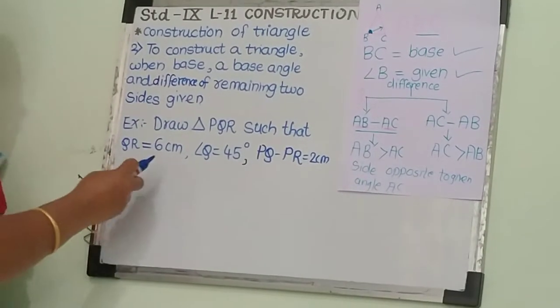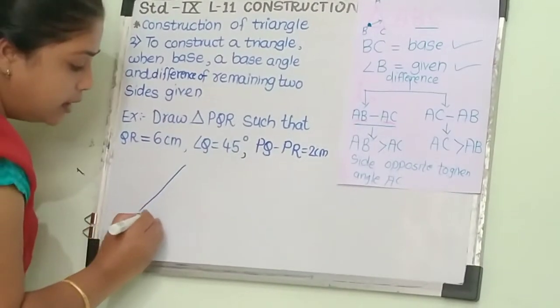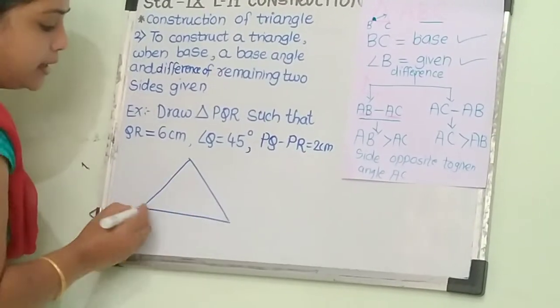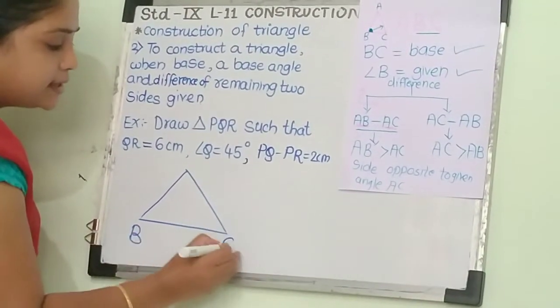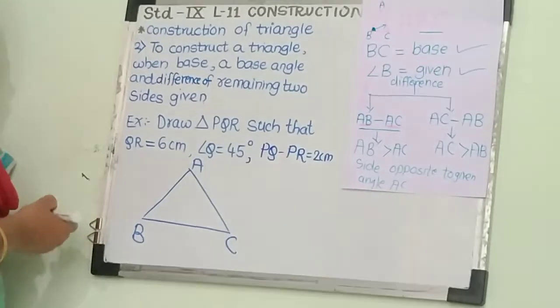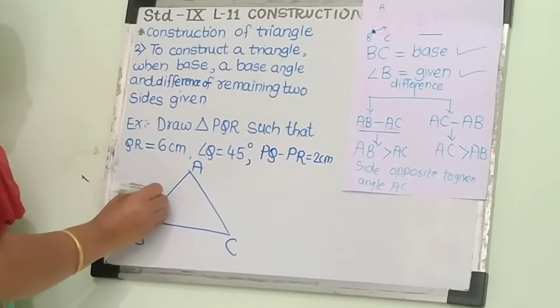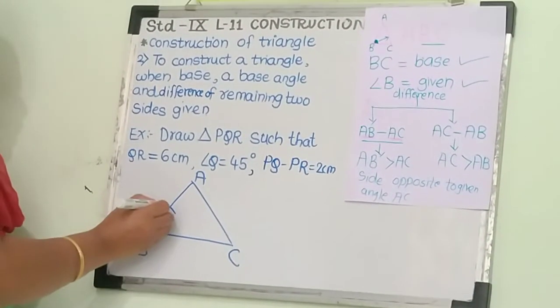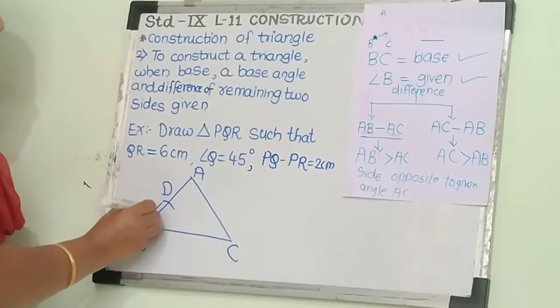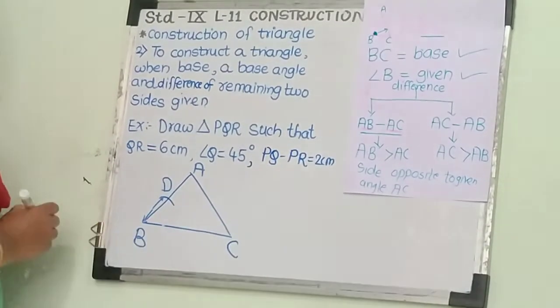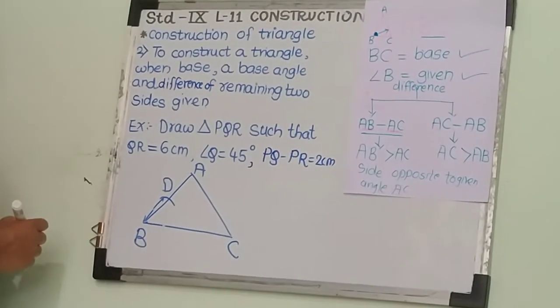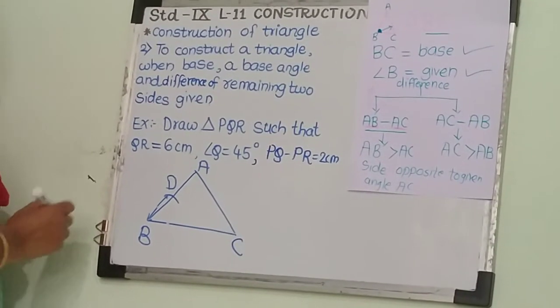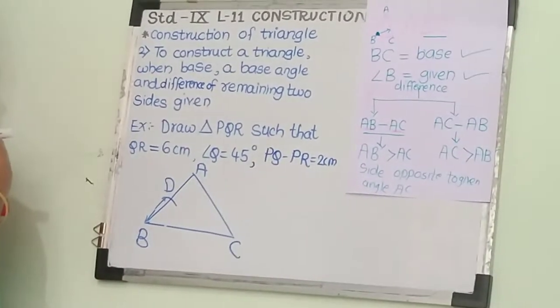It means, suppose for this triangle, here B and C, here A, then we have to take the difference. So BD is the given difference of the two sides. Okay, it is our first condition.